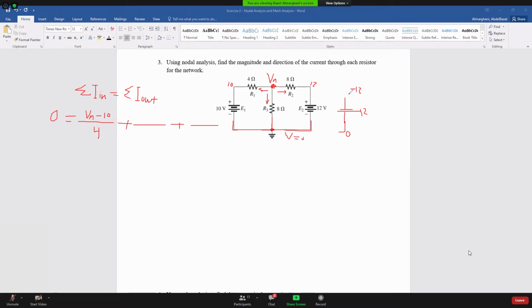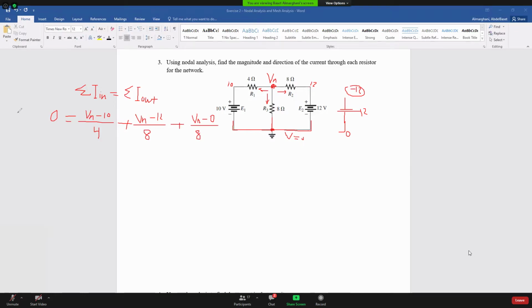If you go up here, you lose 12, so the voltage will be minus 12. Now here it is plus 12 because you gain. You go from 0, you gain 12 to this point. So this is Vn minus 12, the voltage across this resistance, divided by the resistance, which is 8. The third one here, Vn minus 0 divided by 8.